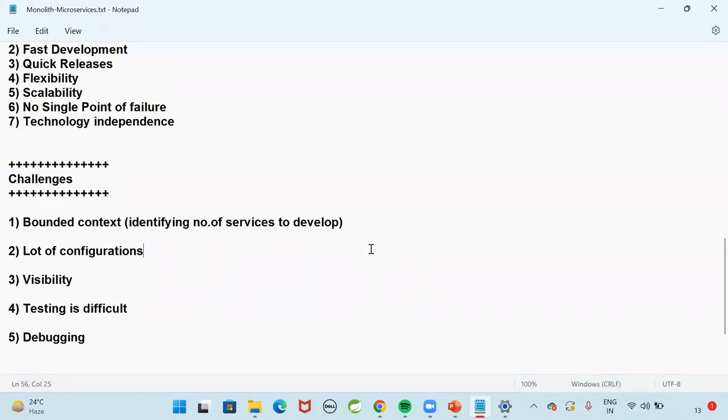That is a challenging task in microservices: identifying how many microservices we need for our application.